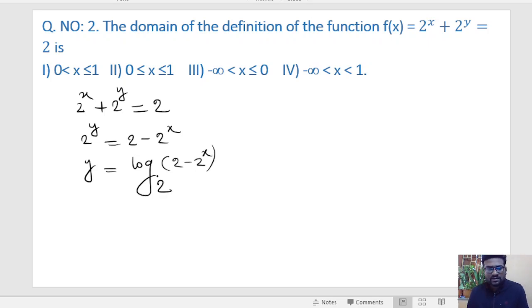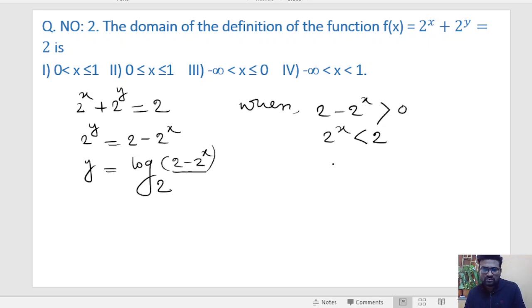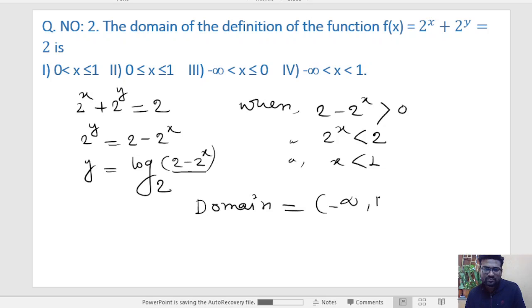The logarithm function holds when its argument is greater than 0, so 2 minus 2 to the power x greater than 0. So 2 to the power x less than 2, and we get x less than 1. So the domain of this function is minus infinity to 1.